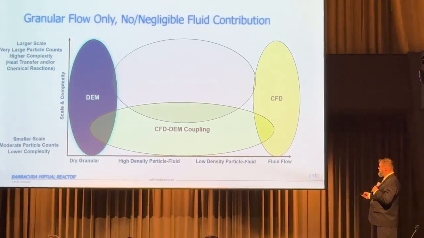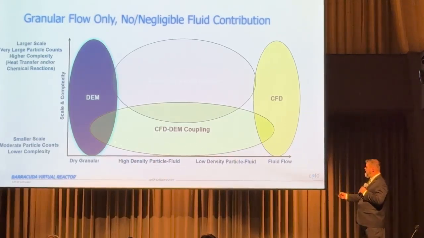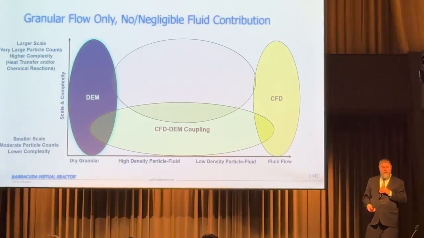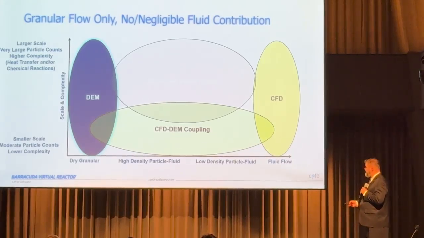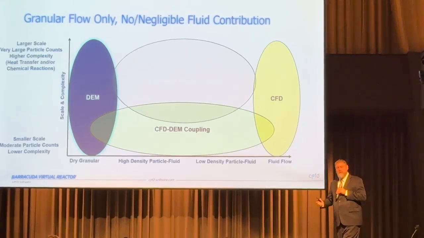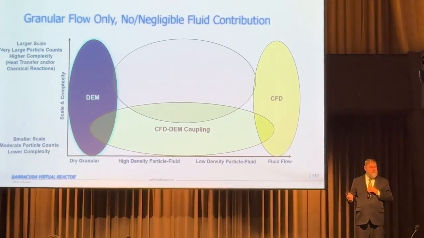But as you come in between, whether it's high density or low density particle-fluid flow, you have this range where both the fluid and the particles matter. And there are a couple of different approaches for that. One is CFD-DEM coupling. That is basically solving computational fluid dynamics and then coupling with DEM. DEM looks at where every particle touches every other particle. This is why it does detailed collisions.